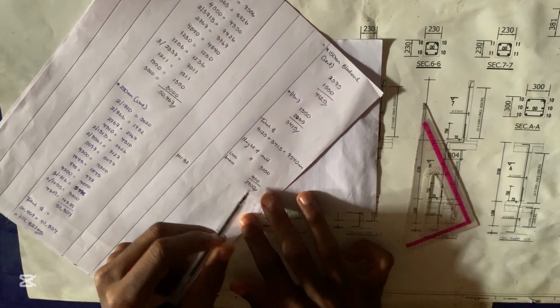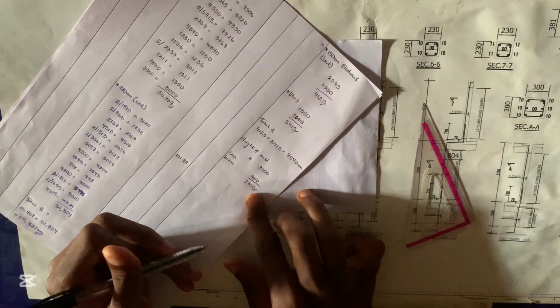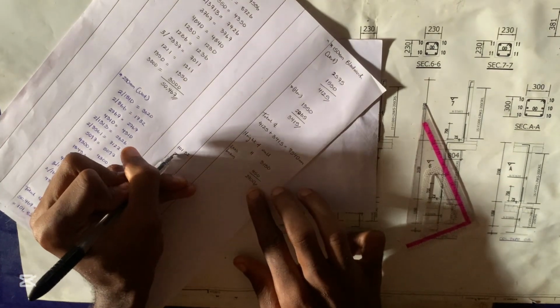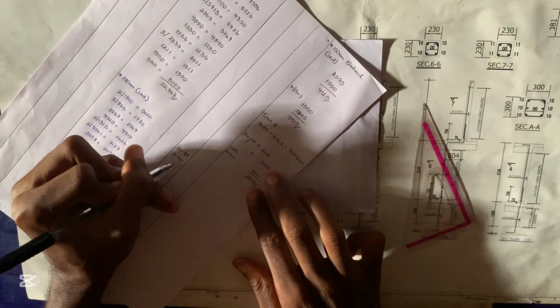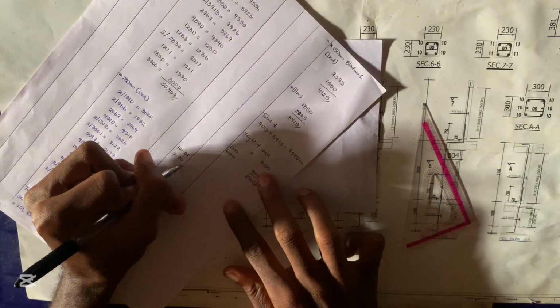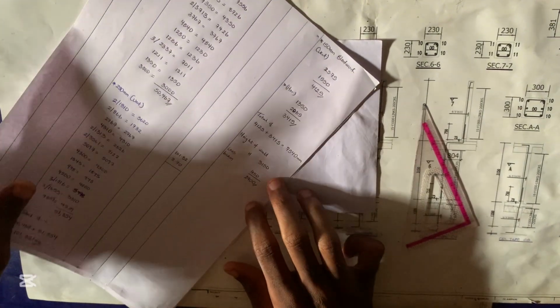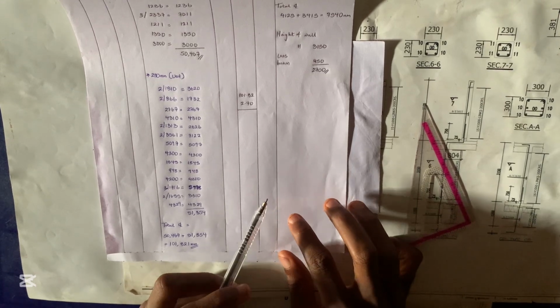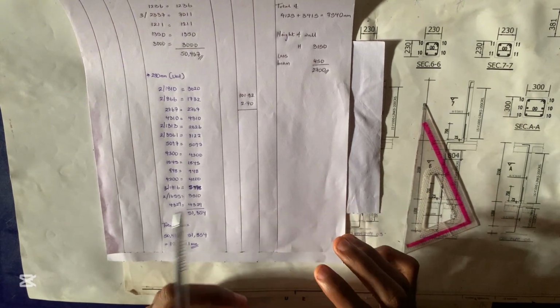Then the next thing you record is the height, which we've calculated as 2,700, which is 2.70, and then you close. So doing this, you've measured the area of your wall, in the sense that everything is closed.